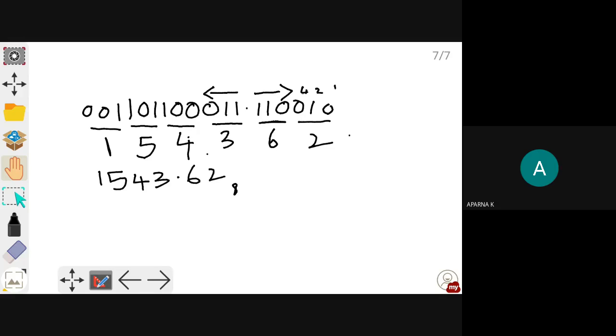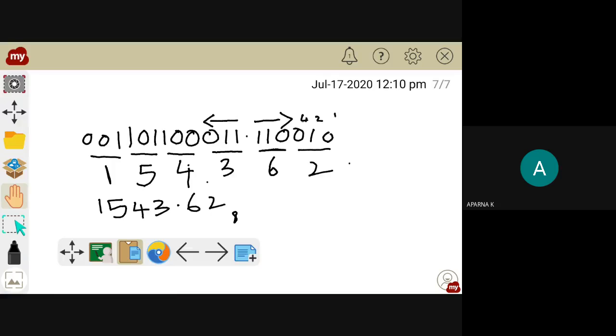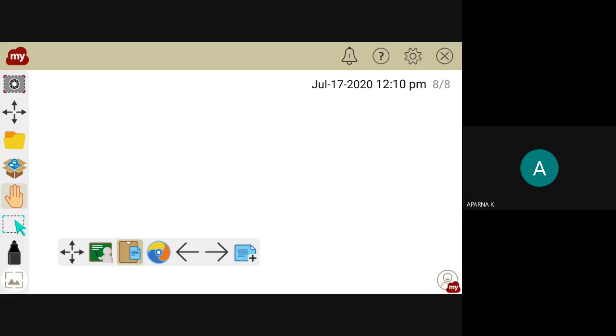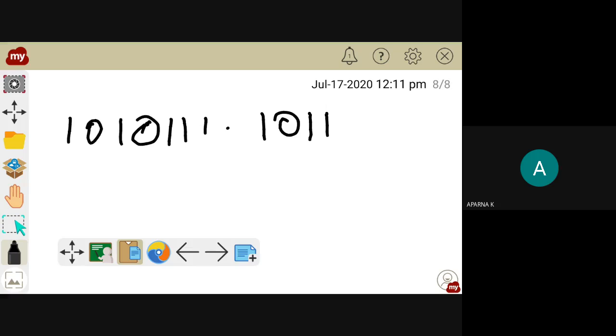Next, in a similar way, you're going to convert binary to hexadecimal value. How will you convert binary to hexadecimal? Any binary value you take, for example this binary value, you are now going to convert it to hexadecimal.